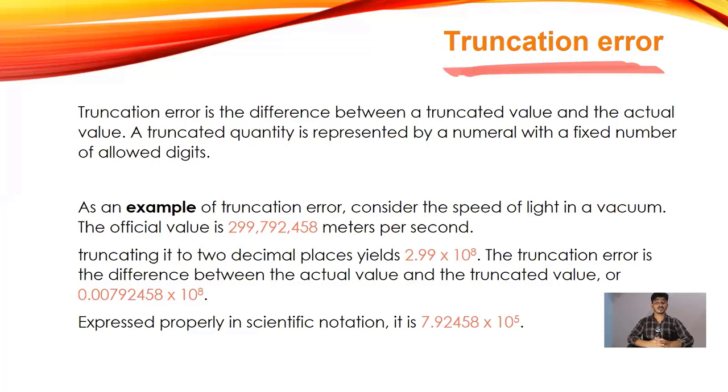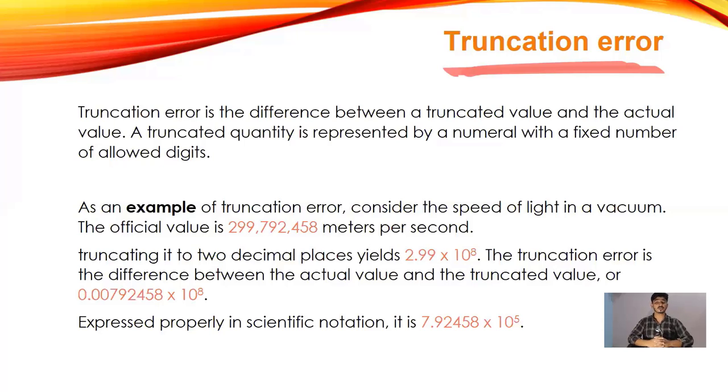Truncation error is the difference between a truncated value and the actual value. A truncated quantity is represented by a numerical value with a fixed number of allowed digits. Consider the speed of light in a vacuum. The official value is 299792458 meters per second.